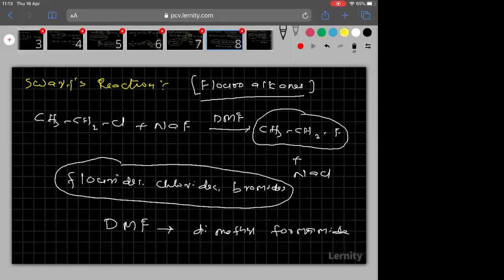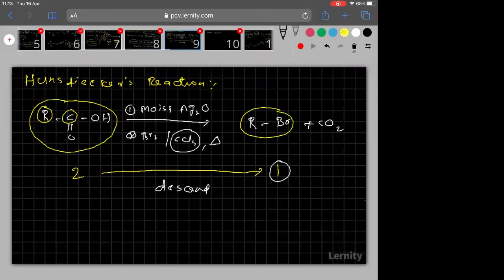Then after, Hans-Dicker reaction, descending the series.